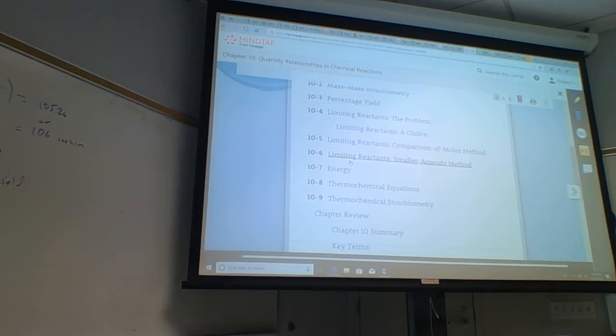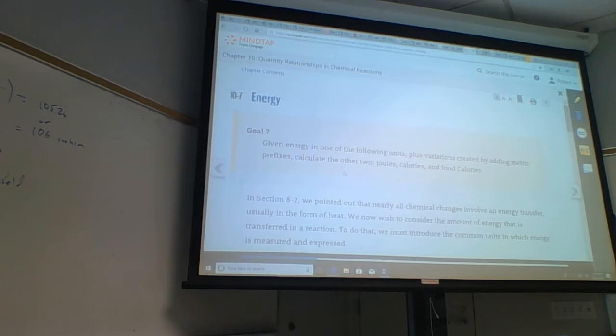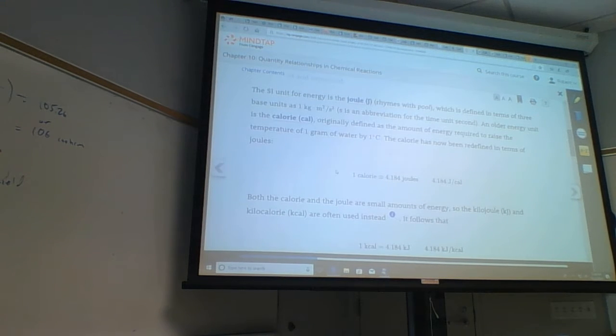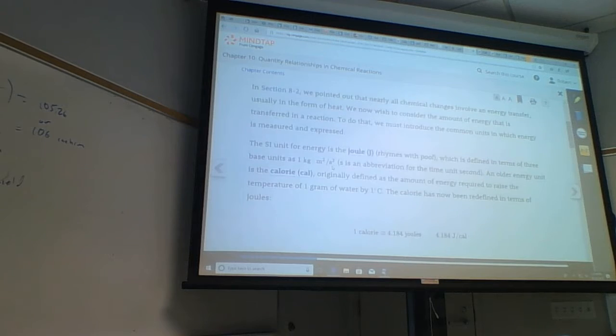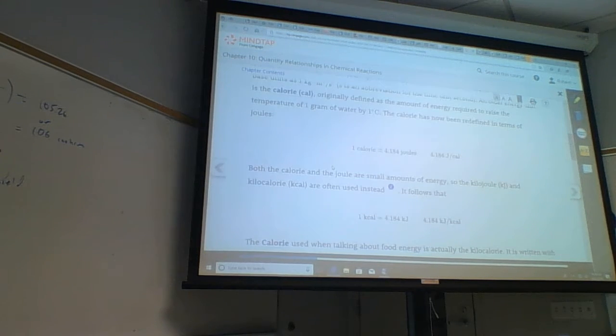So endothermic reactions require energy, exothermic reactions release energy. So we can figure out how much energy is required and how much energy is released depending on the reaction. Now the first thing for energy are the units of energy. These are the units here.